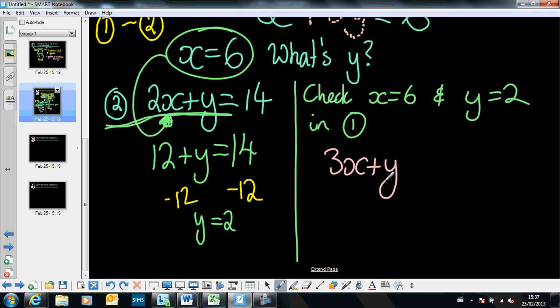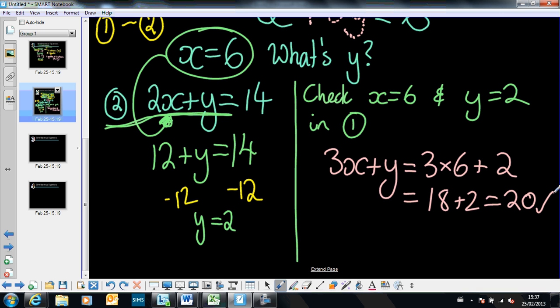Well, 3x is 3 6s, plus y is 2, so that's 18, plus 2, which is indeed 20. So it looks like this is my correct answer. x is 6 and y equals 2.